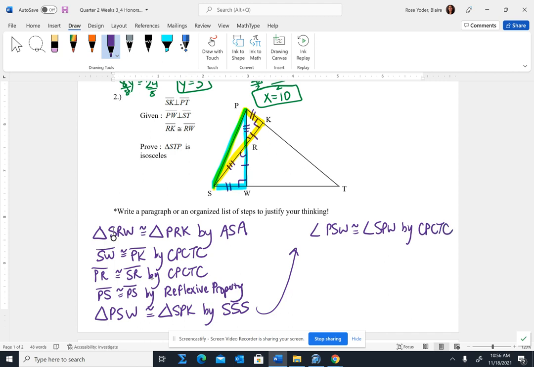So this is a good little math symbol to know. This means therefore, so I can say therefore triangle STP is isosceles because its base angles are congruent.